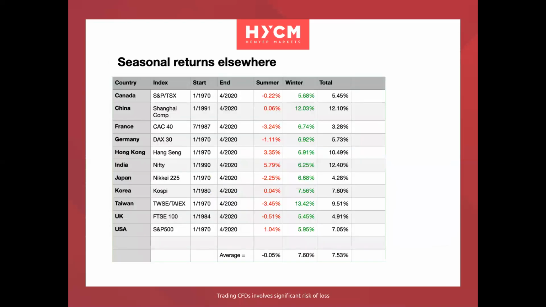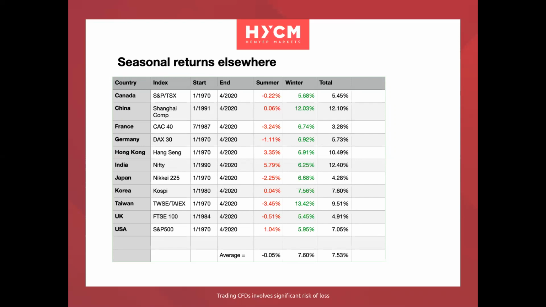Now, if you take a look here at the seasonal returns elsewhere, I've looked at some of the major indexes. If you look at Canada over the last 50 years, you can see that the winter period, that November to April period, has a return of 5.68%.